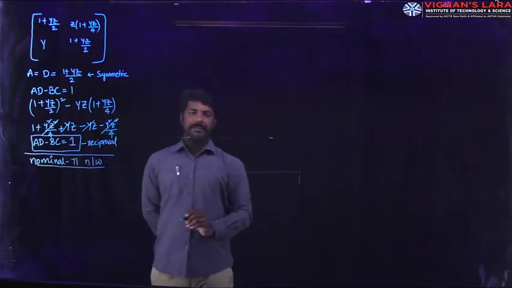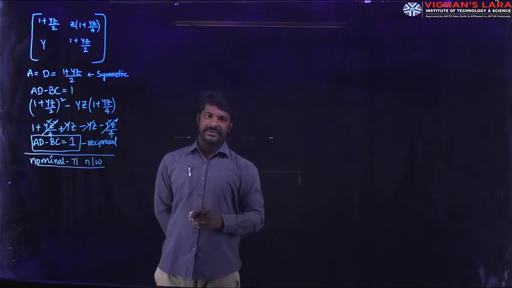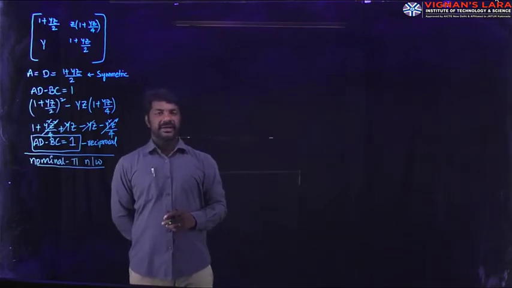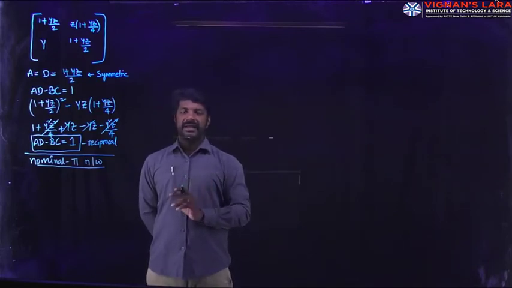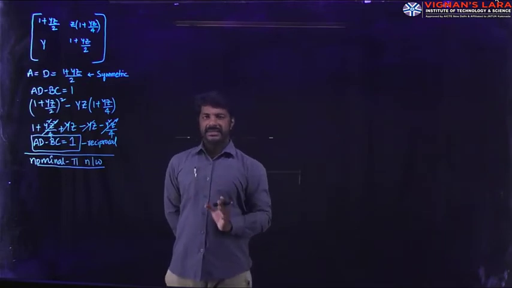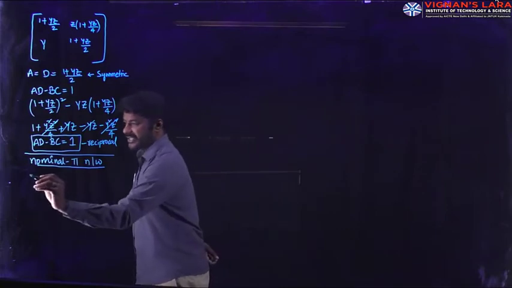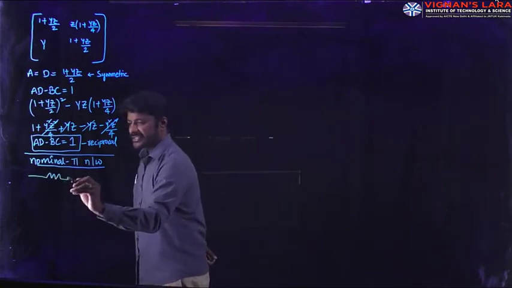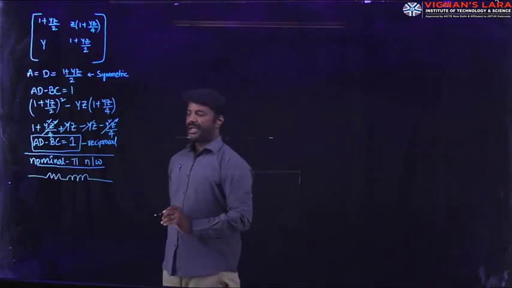In the nominal pi network, we know that the entire impedance is located at a concentrated place, whereas the admittance, called capacitance, is divided into two parts and placed on either side of the ends of the transmission line. So they are called the sending end side capacitance and the receiving end side capacitance, and the topology looks like this, consisting of a resistance and inductor forming a series impedance called Z.